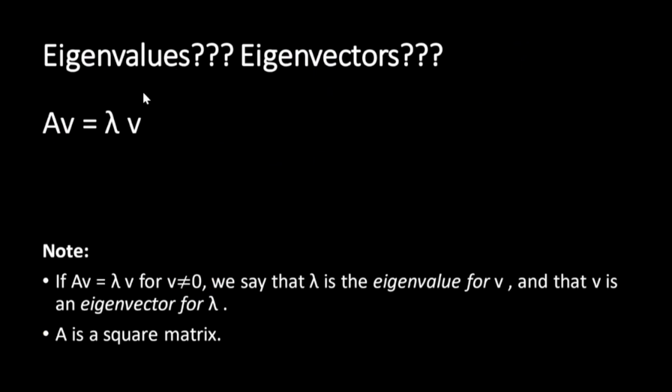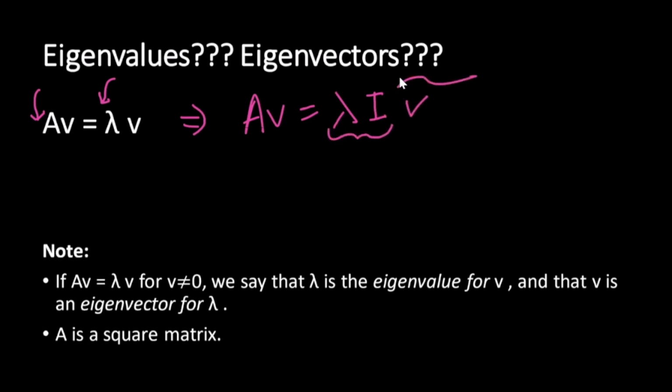Now let's discuss the polynomial method. Now when AV equals lambda V, A is a matrix and lambda is a scalar. I could now multiply lambda with the identity matrix I, which then gives me a matrix. If you still recall, a 2 by 2 identity matrix would be 1, 0, 0, 1.